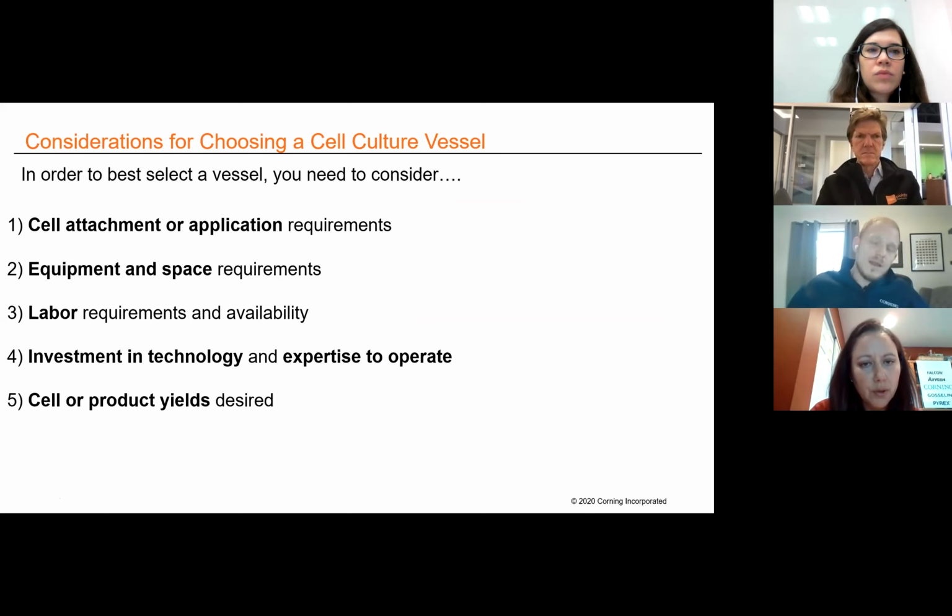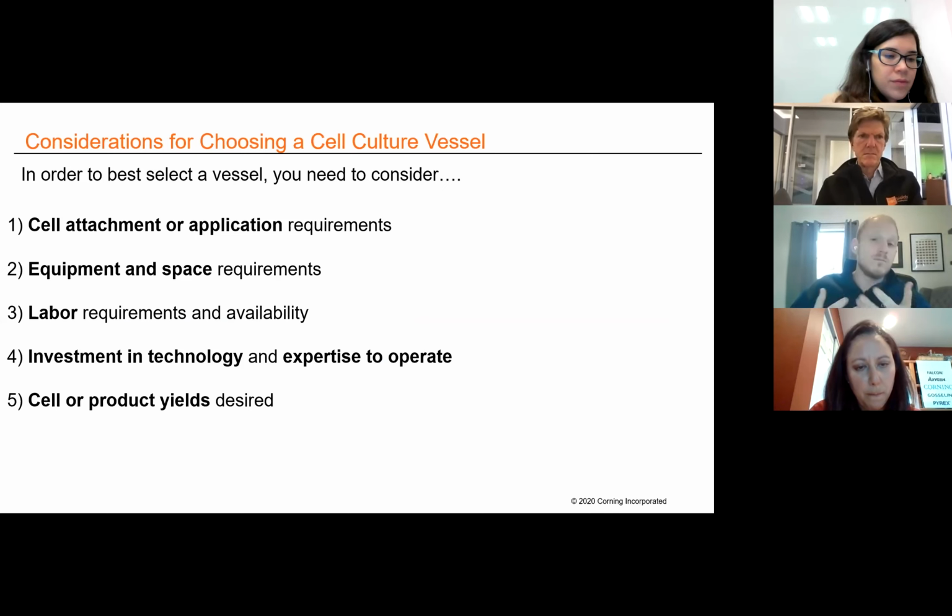So there's many different considerations when you're trying to choose a cell culture vessel, and some of them are listed here. So really the first and primary is, are there certain cell biology requirements or application requirements that would push you to choose a certain cell culture vessel versus a different vessel?